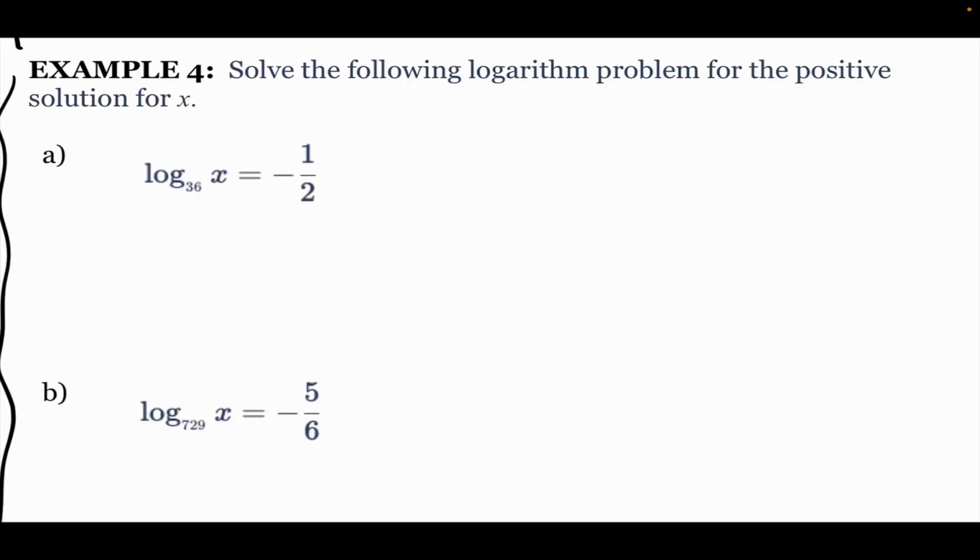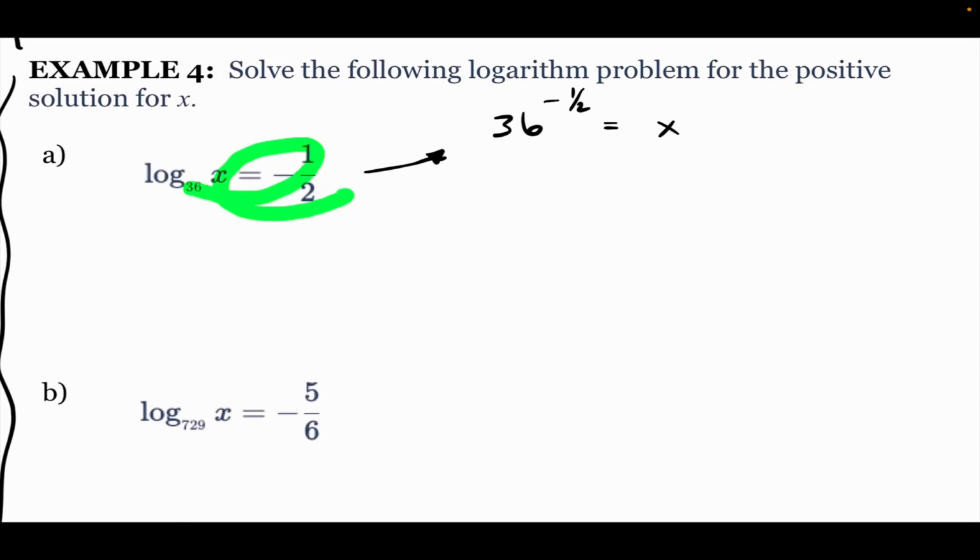Loop trick. So it's going to be 36 to the -1/2 power equals x. So I have to figure out what 36 to the -1/2 is.